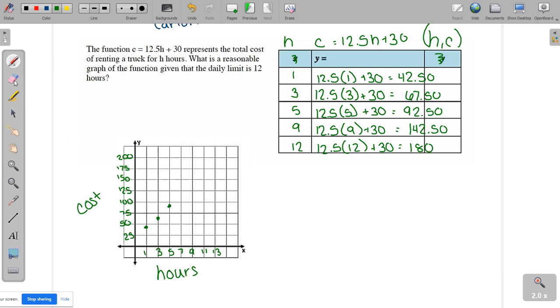And then 7, don't forget, 7 we don't do, and we go to 9, and that's 142. And then 12 would be in between, and that's at 180.